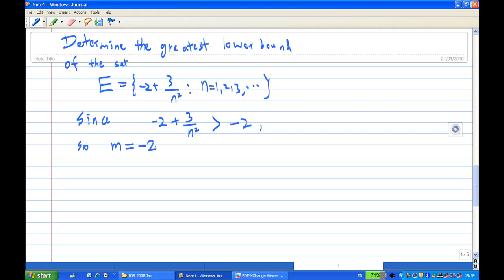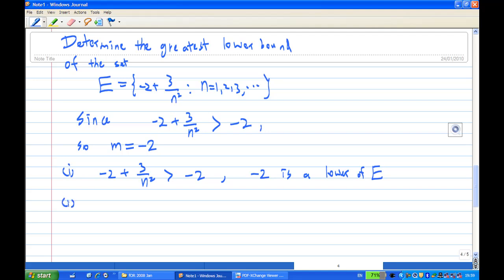Now, how do we verify that this is the infimum of E? Number one, anything in E looks like -2 plus 3 over n squared, which is greater than -2. Therefore, -2 is a lower bound of E, since everything in E is greater than -2.